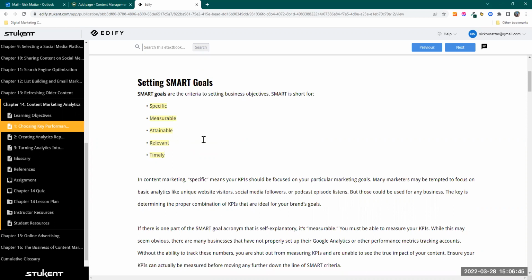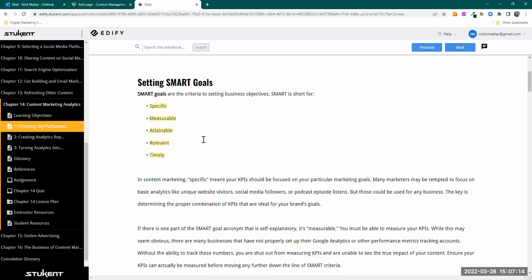Attainable means that they're within reach, so that if you're looking for a 100% increase in traffic or revenue through your online marketing efforts, those could be unattainable, and then you end up really losing interest from those who are doing it, or people might think that they're just not attainable. So that's a big part. Something that's relevant would mean that the goals actually match the strategy.